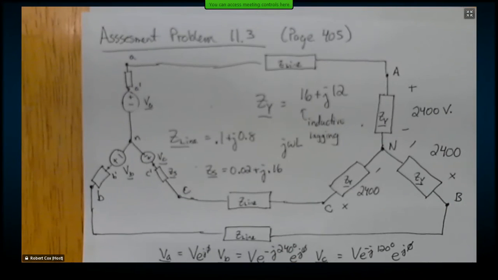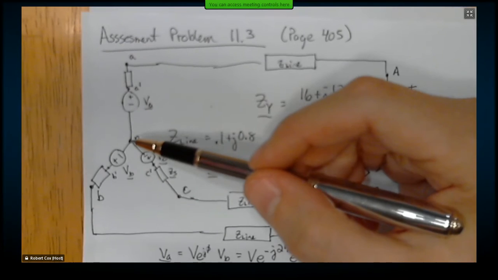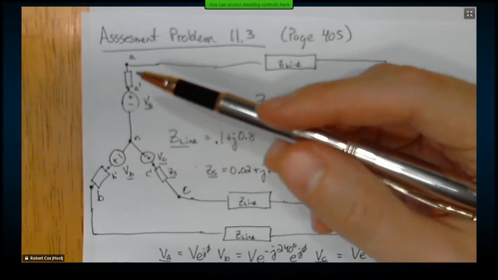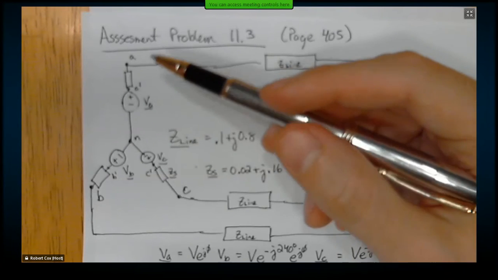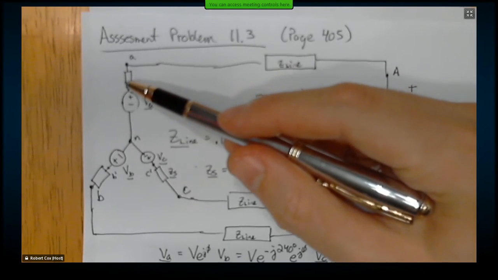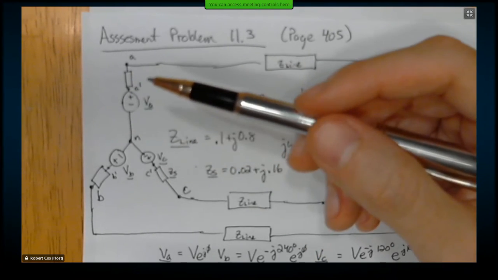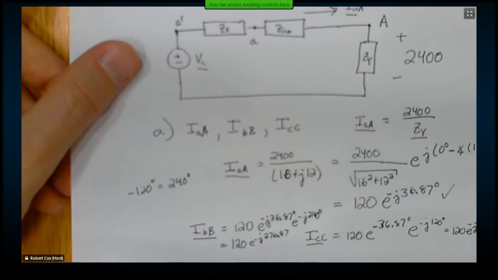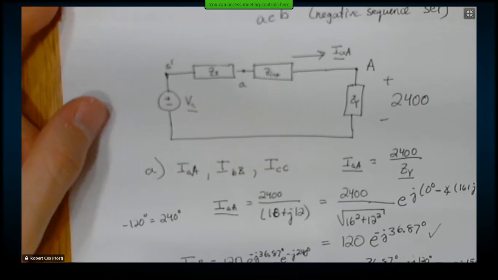Now, this is a little tricky because what they're saying is this has an internal impedance in here. So that means I have to take into account what that impedance is. Back to our single phase equivalent circuit.